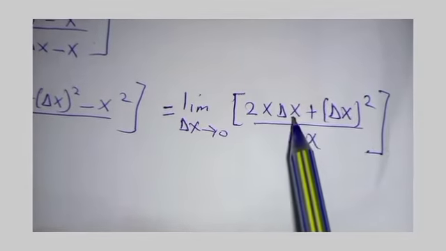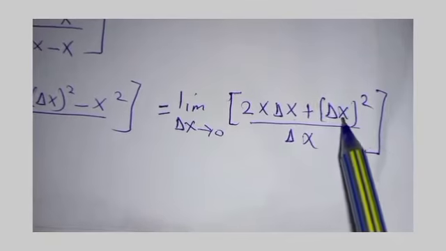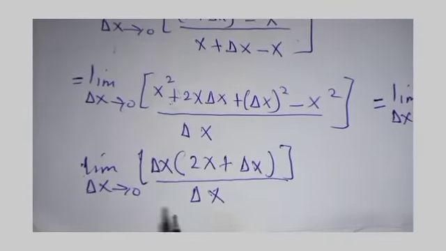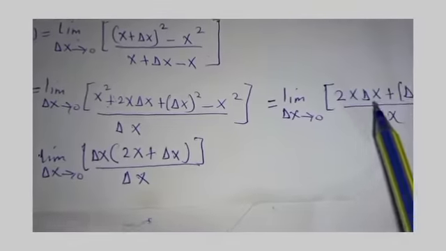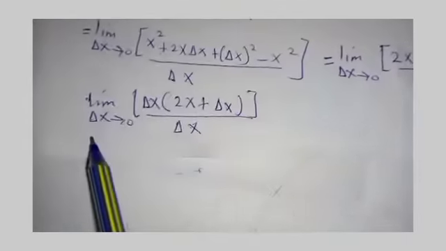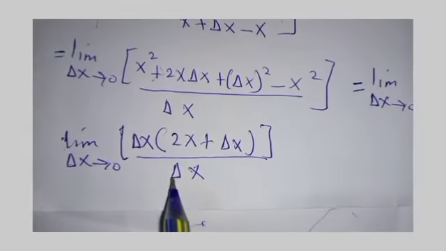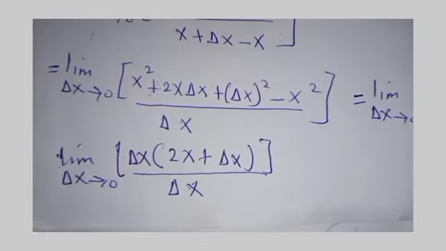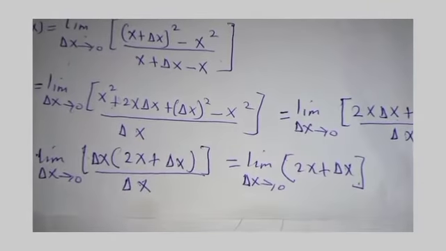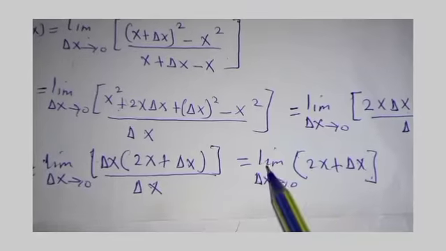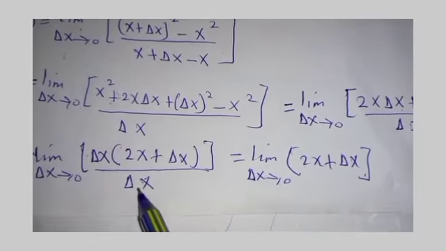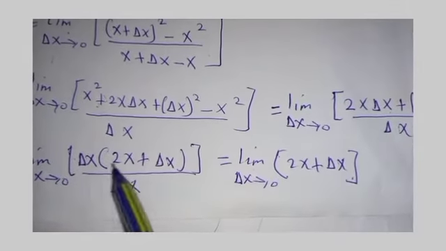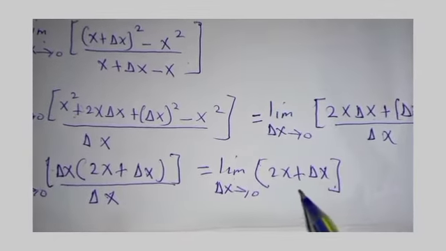Here we can factor change in x outside. So factoring change in x here, we are going to get this. Now you can see we can cancel change in x here. So after cancelling the denominator with the small change in x, we are going to be left with 2x plus change in x.